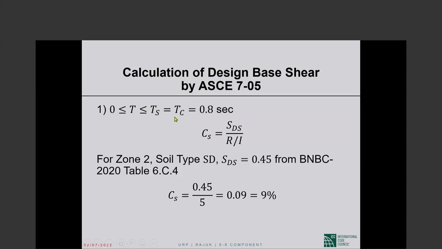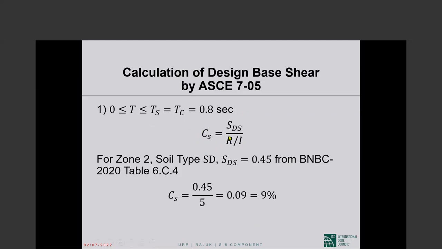So the flat top of AC7 is given by this expression. C sub S, in that case, C sub S is what we multiply the weight by to get the base shear. Okay, this is not the same C sub S of BNBC. This is why I ran the numbers and am discussing the subtleties so much.